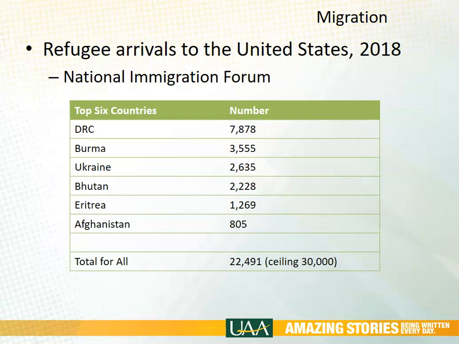The next chart shows refugee arrivals to the United States in 2018. These data come from the National Immigration Forum. You'll see that in 2018, the total number of refugees that arrived in the United States was just over 22,000, below the ceiling set of 30,000. These numbers are significantly smaller, it should be noted, than they were in previous years.